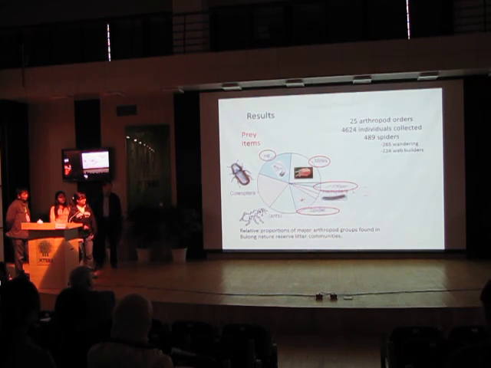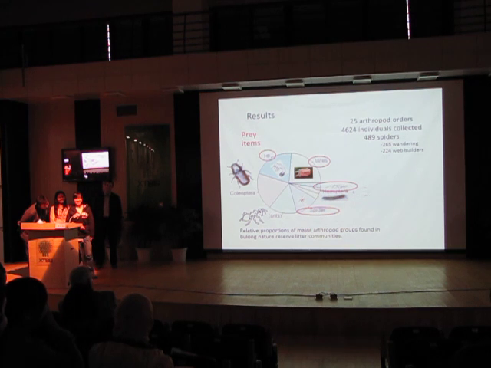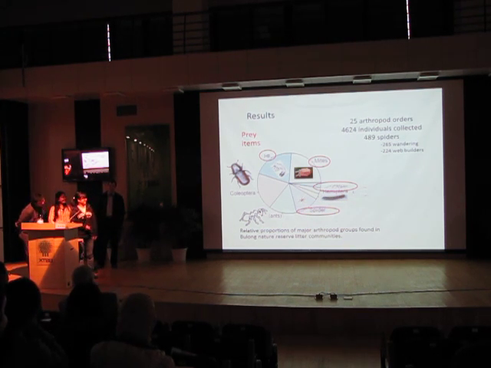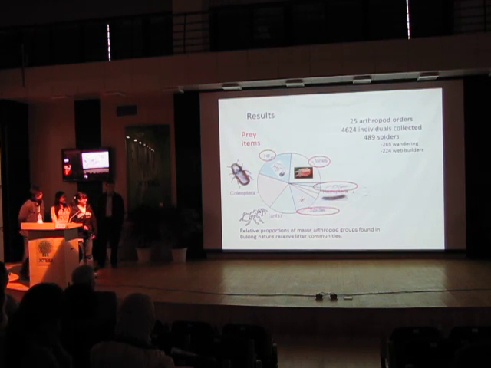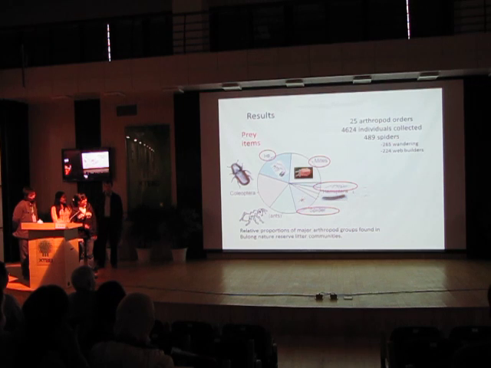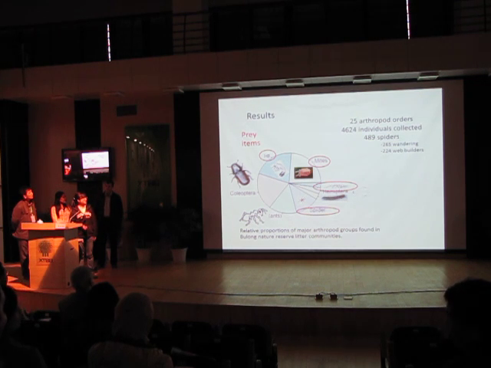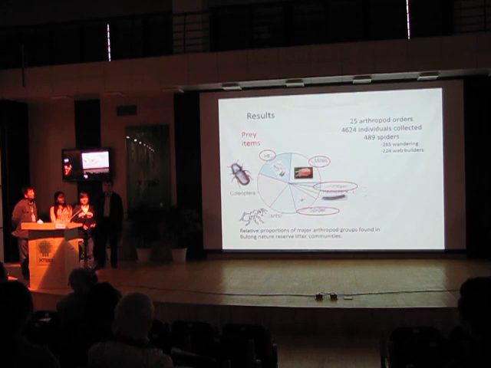Actually, spiders eat other spiders smaller than themselves. Spider is a main prey of spiders. We found about 500 spiders, belonging to 66 species.